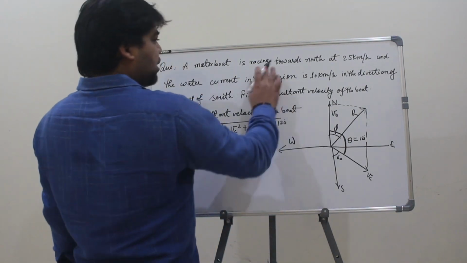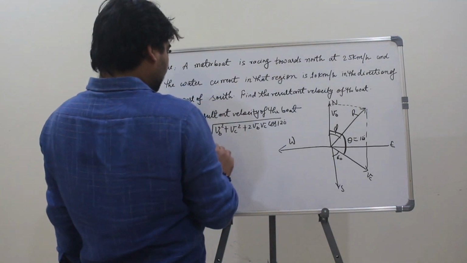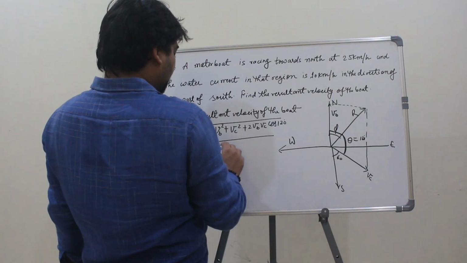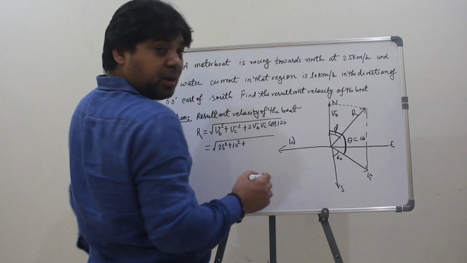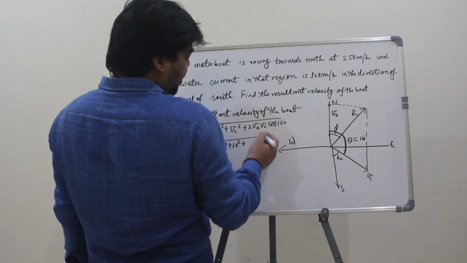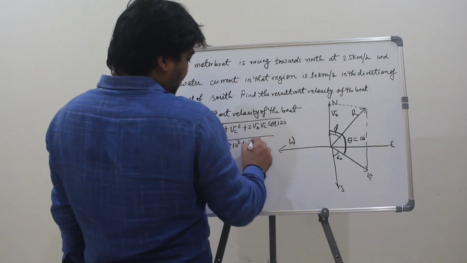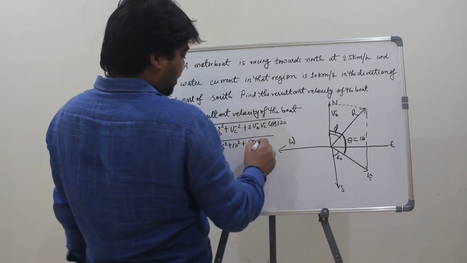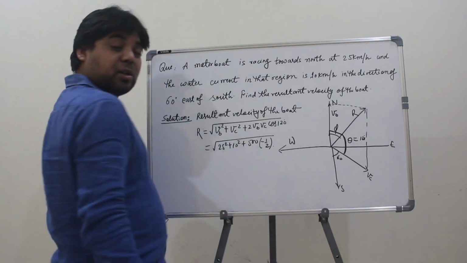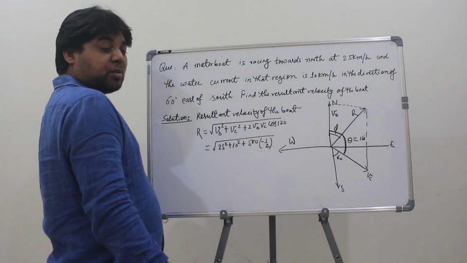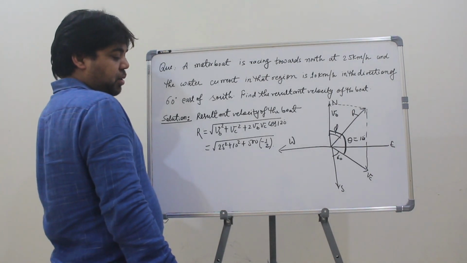Now it is given as 25 and 10. Just put here 25 square plus 10 square plus 2 into 25 into 10, which is 250 multiplied by 2 is 500, and cos 120 is 1 by 2 with the minus sign, right? Cos of 180 minus theta is minus cos theta, right?